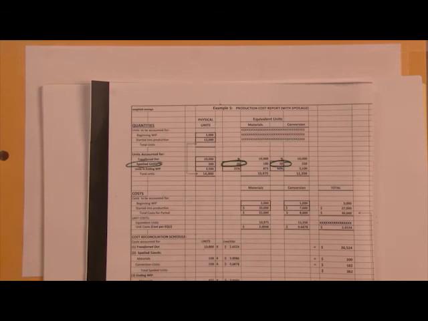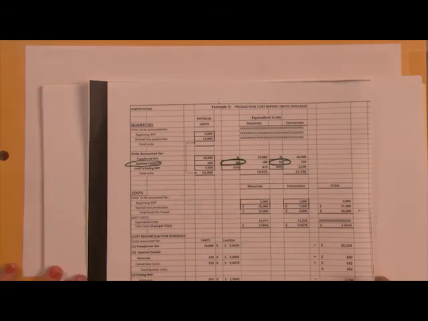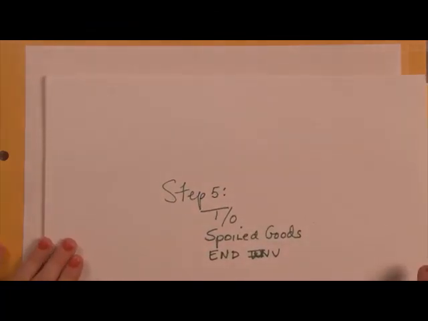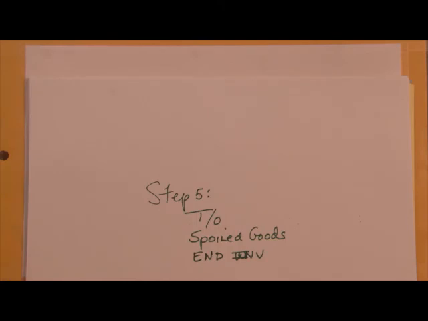So this is very similar to things we've done before, but it does affect, again, when you assign the cost to the transferred out units and ending inventory, you're also going to be assigning a certain amount of dollars to those spoiled units.